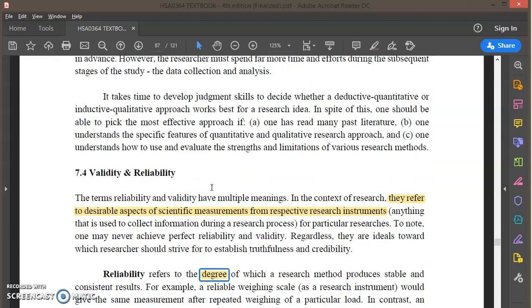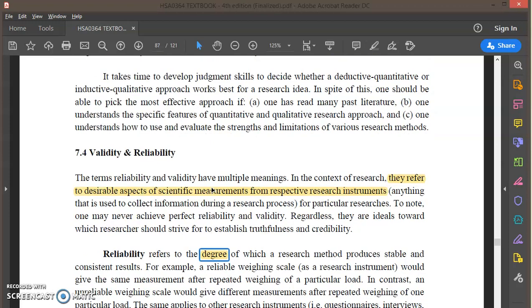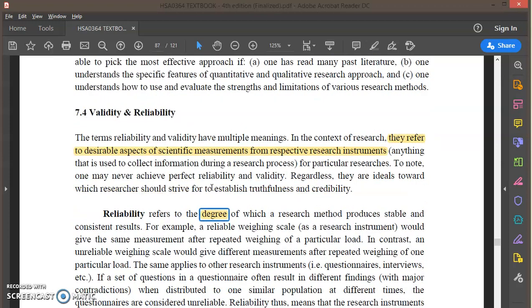Validity and reliability. Right, so as mentioned in your book, these two terms have a lot of meanings, right? But we are only looking at what they mean in terms of research, right? So according to your book, they refer to desirable aspects of scientific measurements from respective research instruments, right?